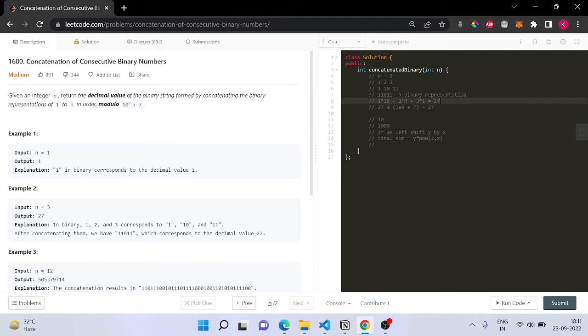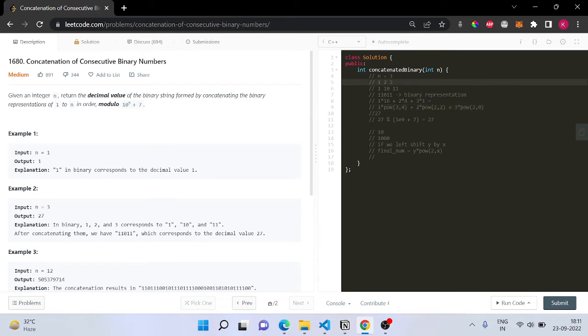So I can write it as 1 into 2 to the power 4 plus 2 into 2 to the power 2 plus 3 into 2 to the power 0, because we haven't shifted 3 by any number. We have left shifted 2 by 2, and we have left shifted 1 by 4.